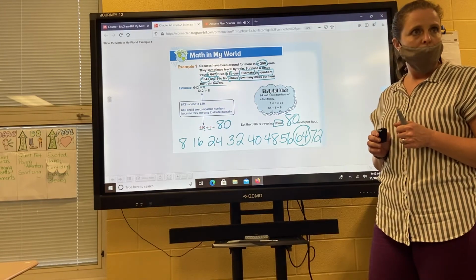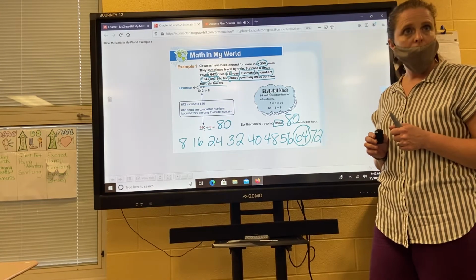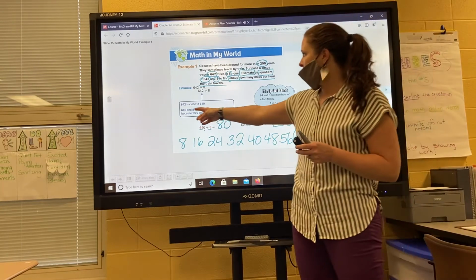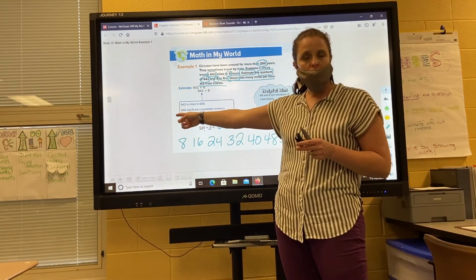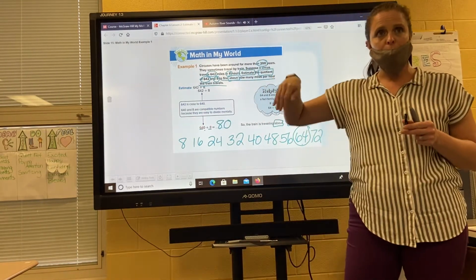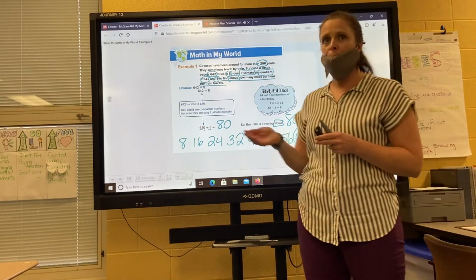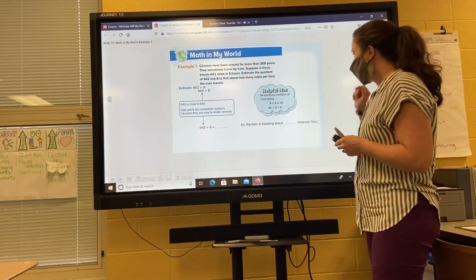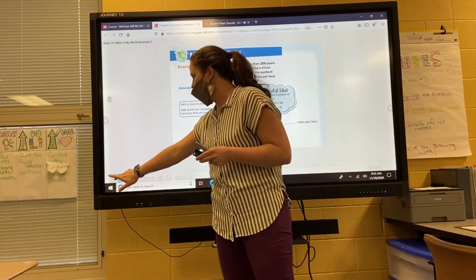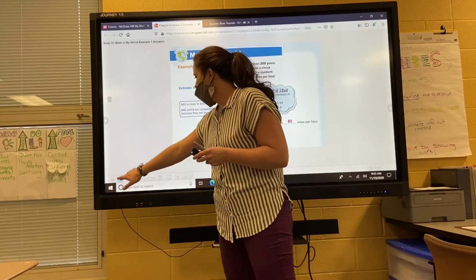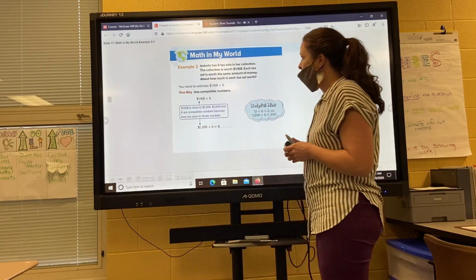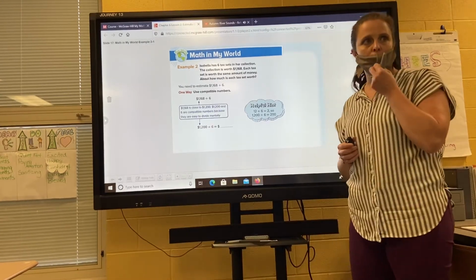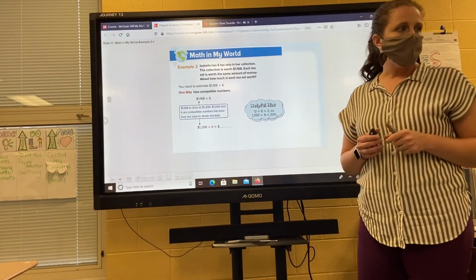Well, we rounded 640. You round before you divide, okay? Always round before you multiply or divide. All right, is everyone good with that? So we're taking what we learned yesterday and putting it to use today. All right, so let's look at example 2. Everyone's on the next page with me?